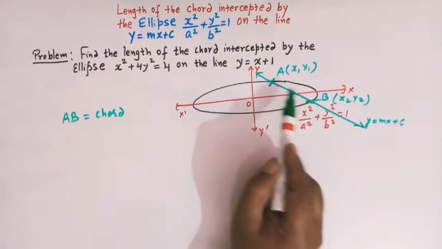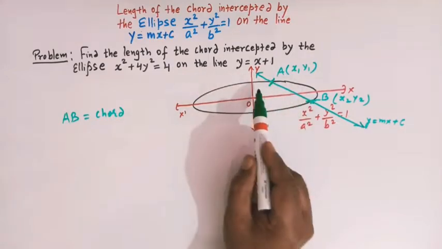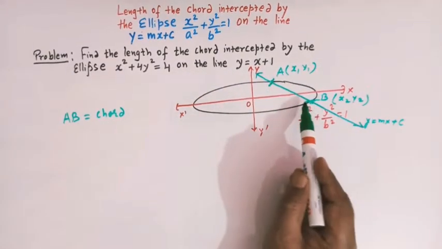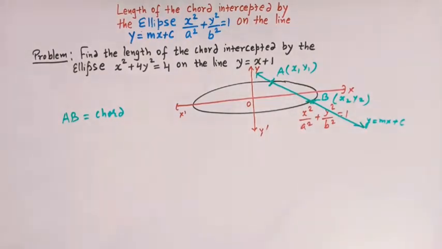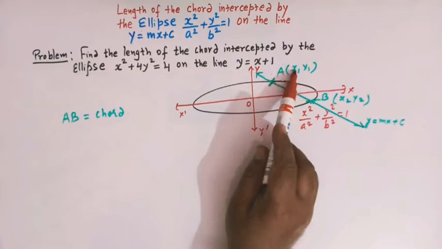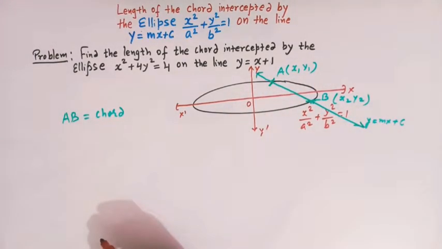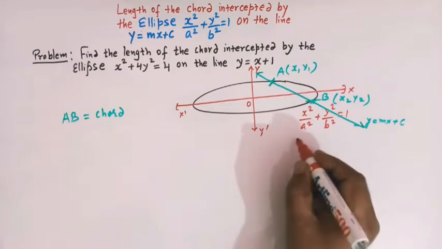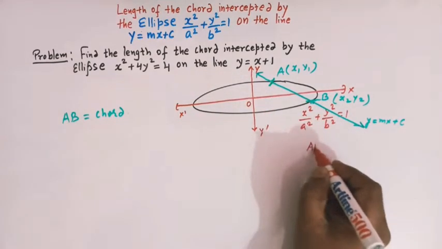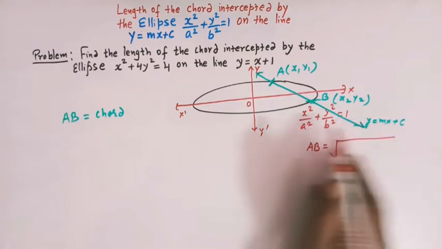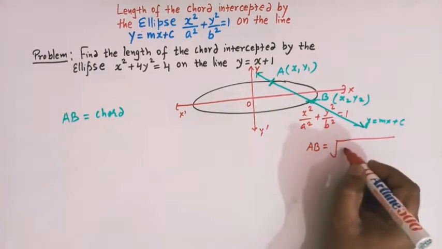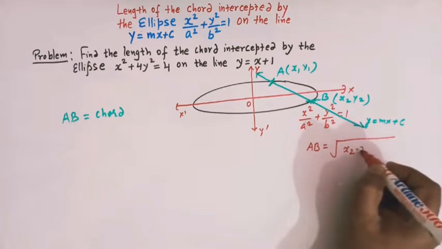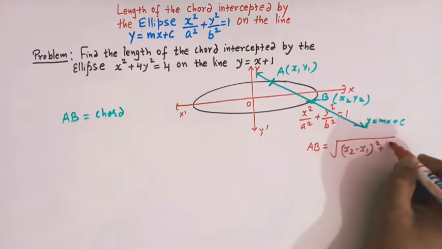In the detailed method, we find the coordinates x1, y1 and x2, y2, and then apply the distance formula to find the length of AB, which is the square root of x2 minus x1 square plus y2 minus y1 square.